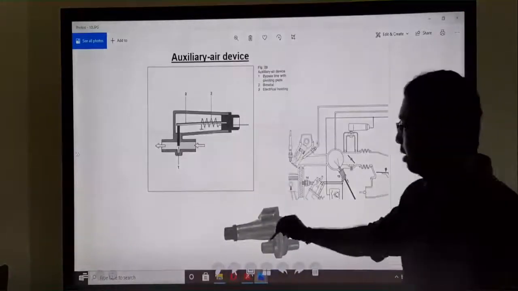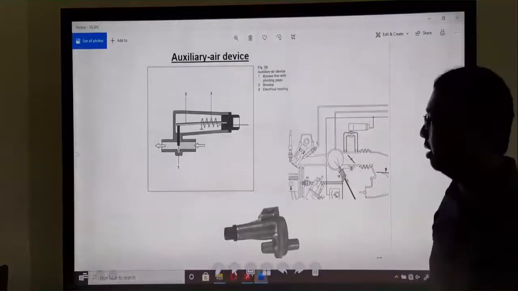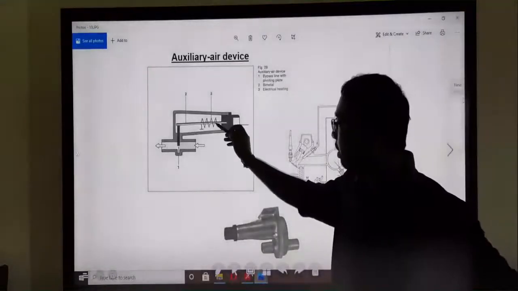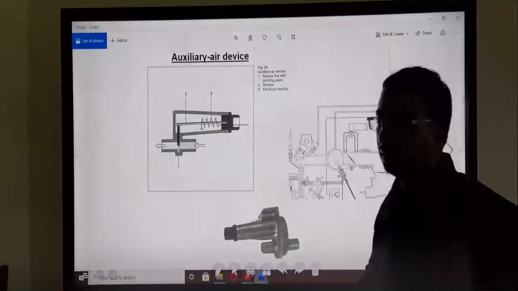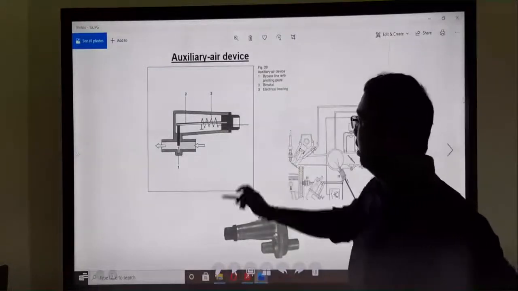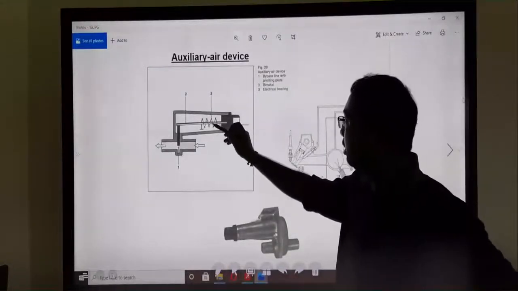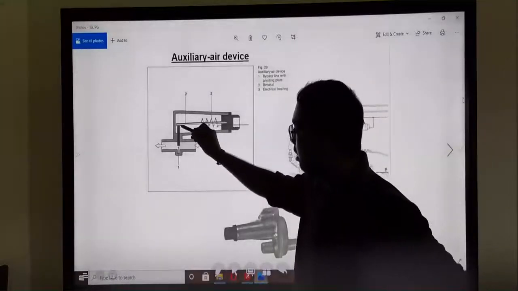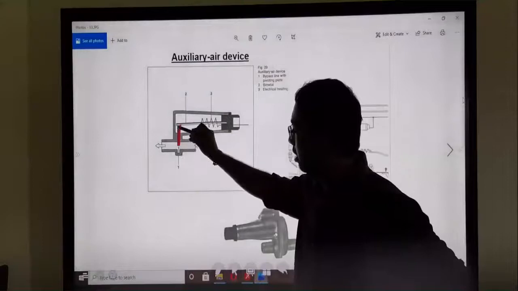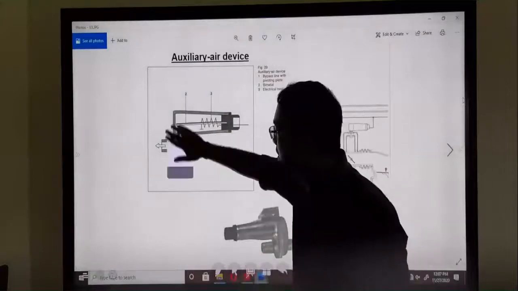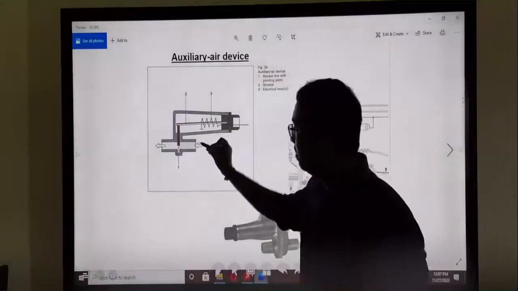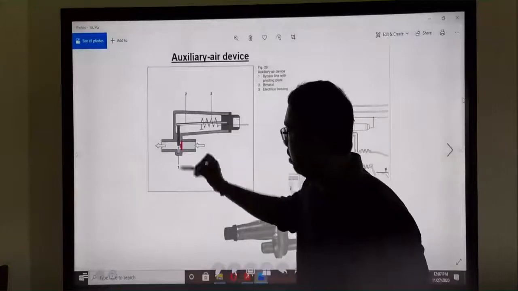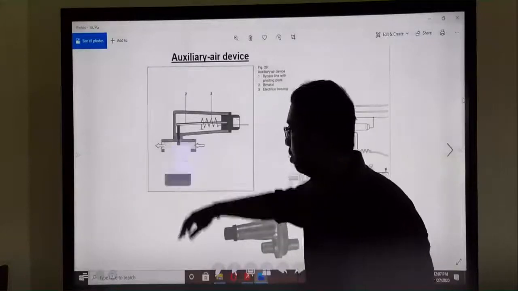The auxiliary valve is like this. Actually, this is also the same, because of this bimetal. There is electrical heating, and because of the heating, this metal closes the path. This path can be fully closed. At that time there is no cold working.